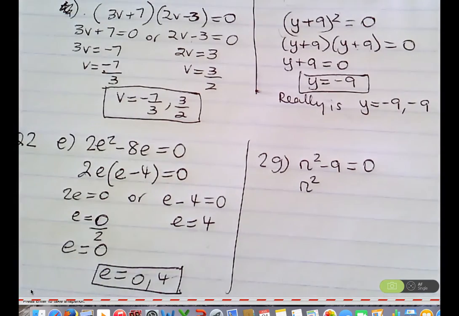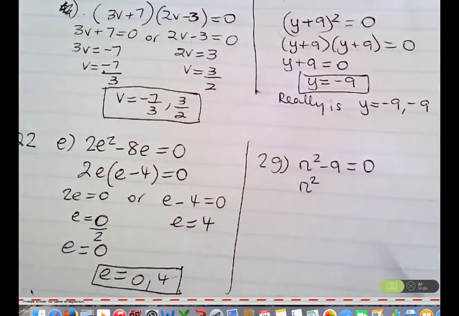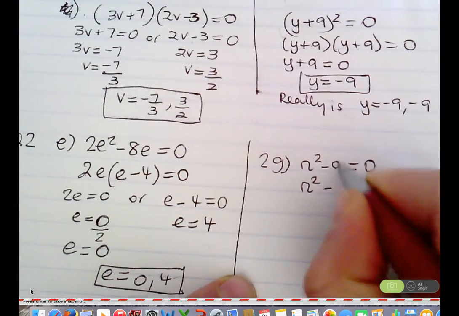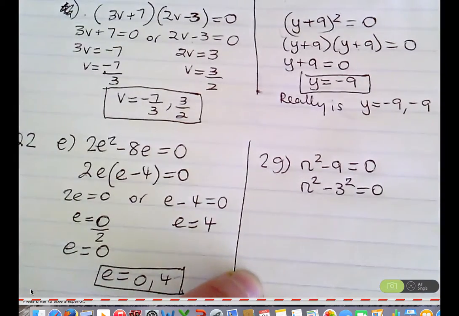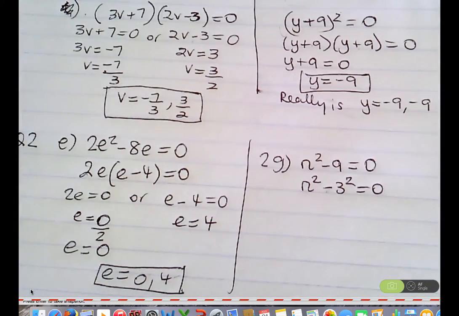When you've got two terms, you need to check for two things. Can I find a common factor? Try that. Obviously no common factors here. If there's only two terms and you've got a subtraction, difference, look for difference of two squares. That's n squared minus, can this be written as a square number? 3 squared.